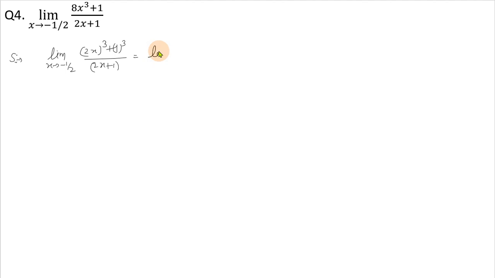So it is limit x approaches minus 1 by 2. So we can apply the formula a cube plus b cube, which is a plus b into a square, that is 4x square, minus ab, which is 2x, plus b square.